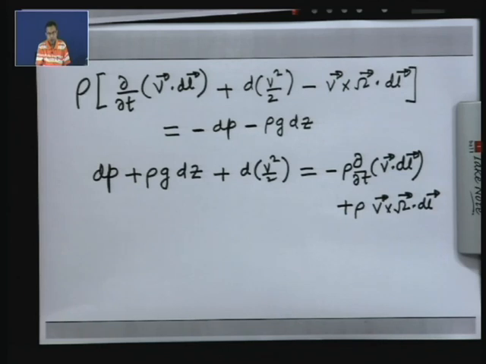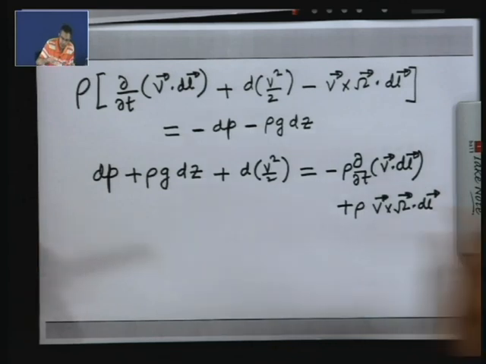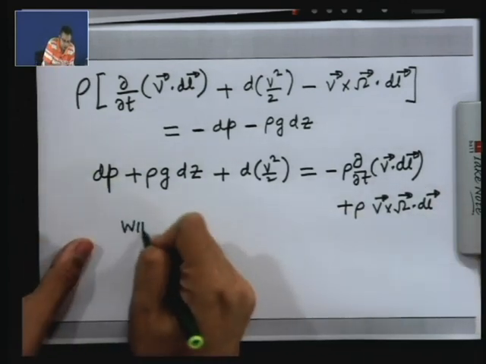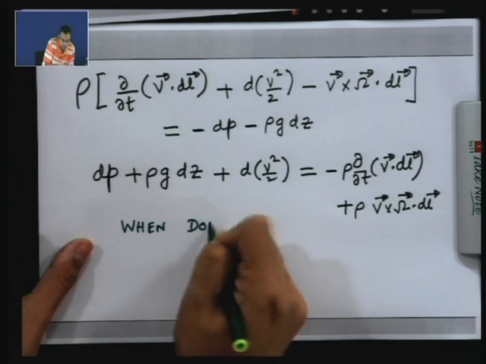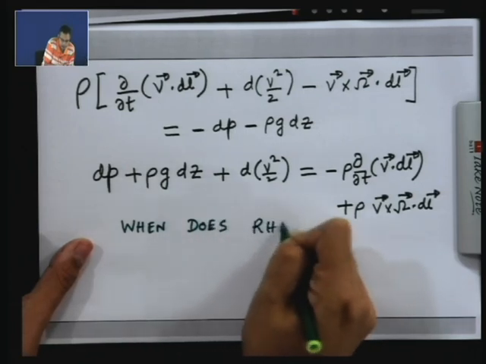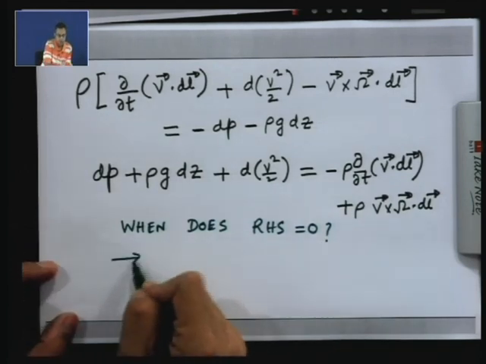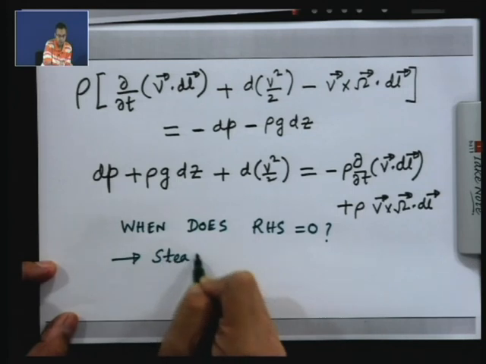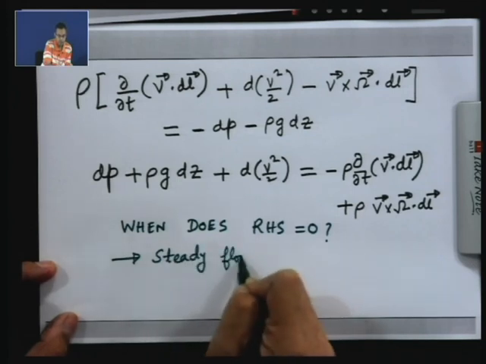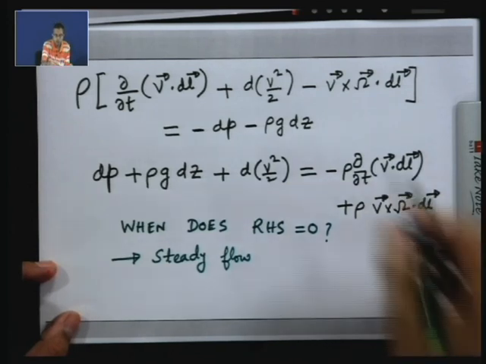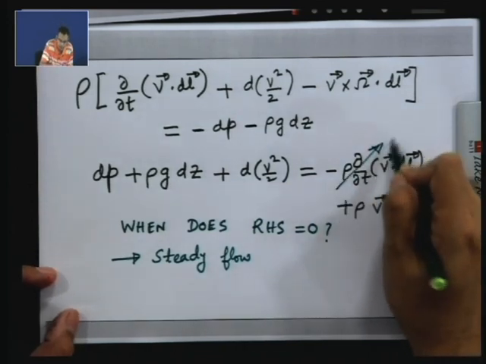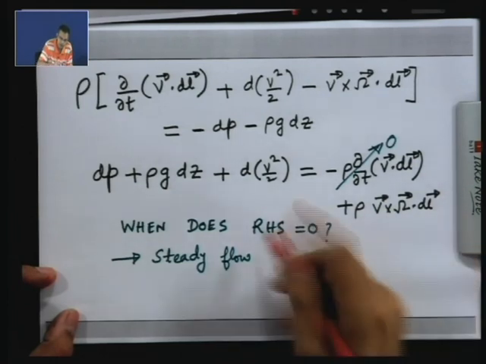Now, we will look into the cases when the right hand side of this equation becomes 0. So, the question is, when does the right hand side become equal to 0? The first case is steady flow. The first requirement is steady flow, because if it is steady flow, this term will be 0.